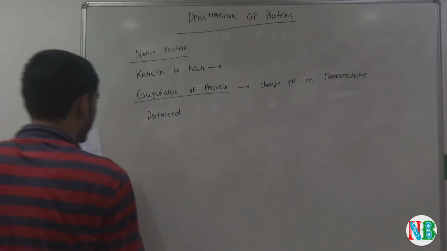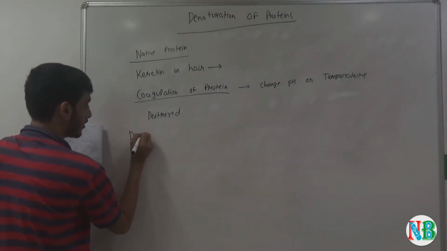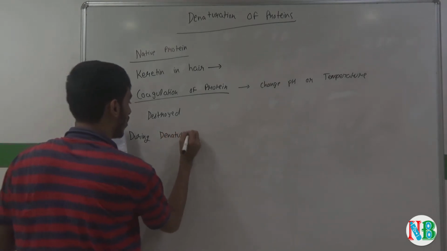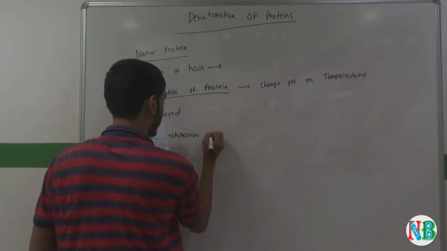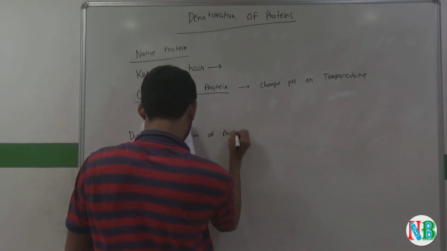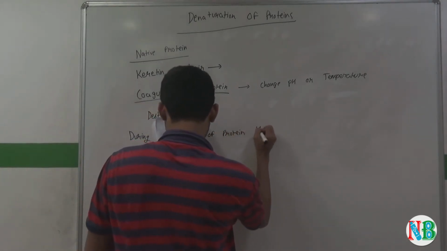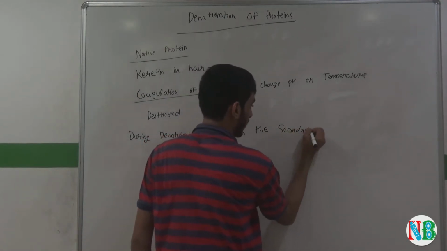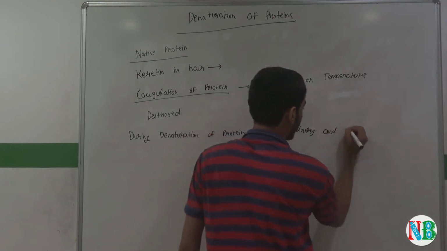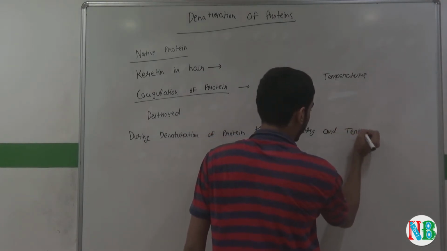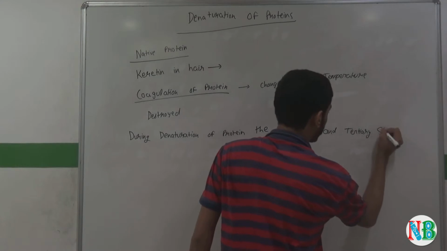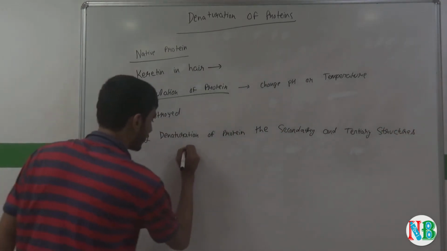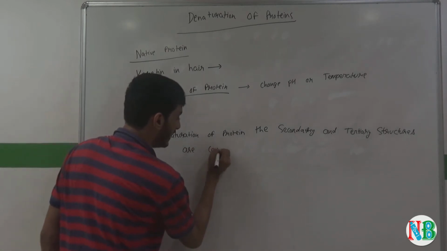So during denaturation of protein, the secondary and tertiary structures are completely destroyed.